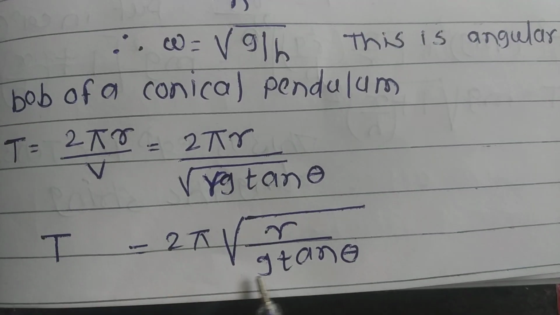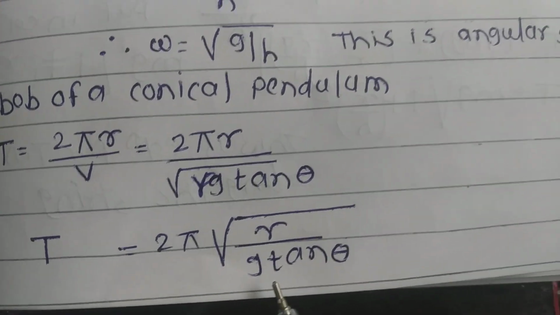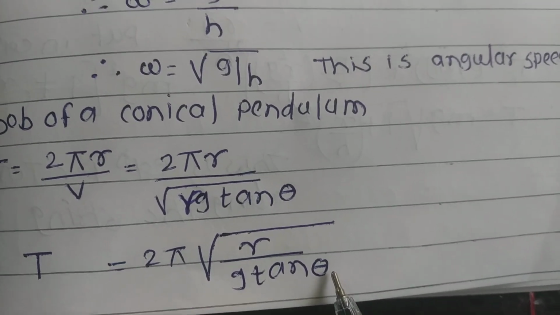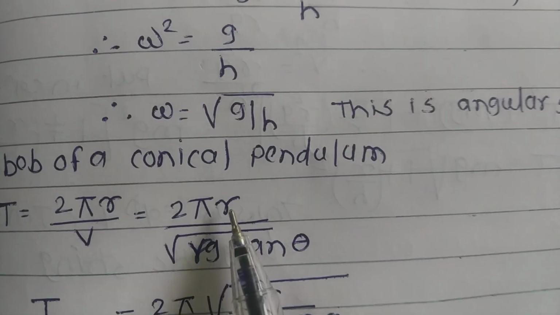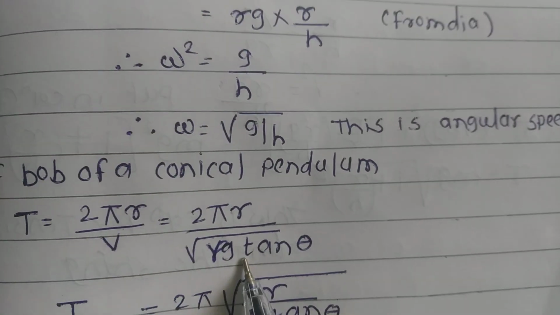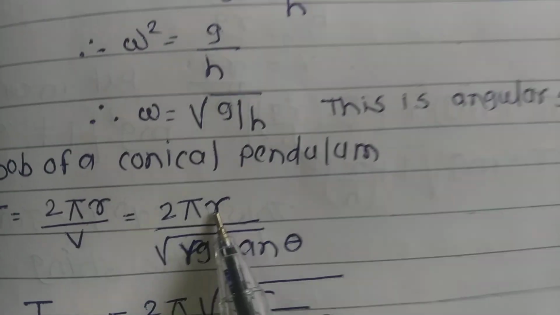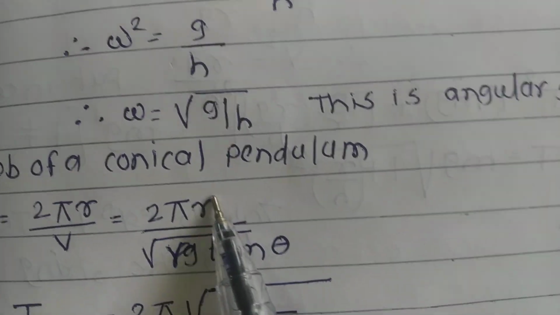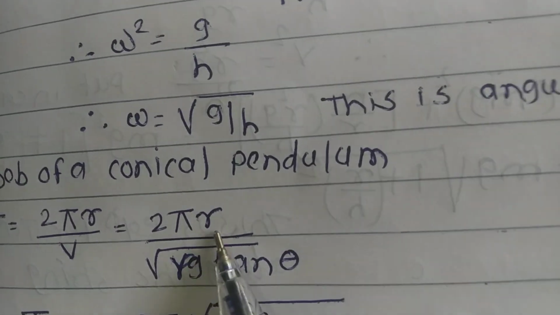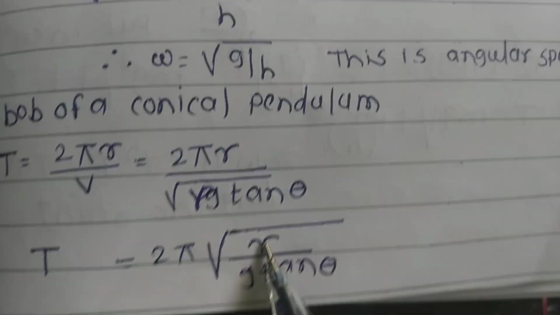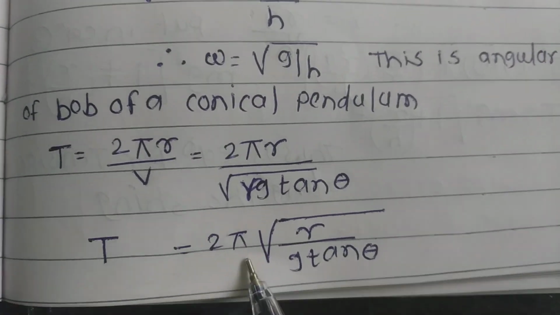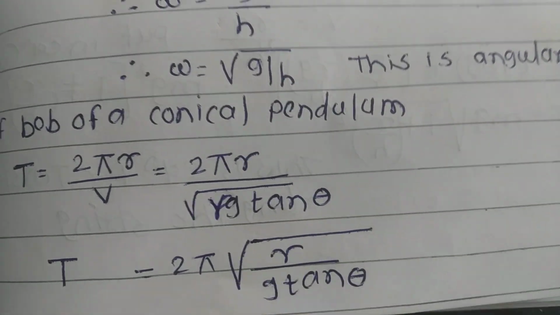T is equal to 2 pi under root r divided by g tan theta. Here we are taking that r inside the under root. When it comes inside the sign, it becomes square. So this r and that r cancel, and a single r will be left. So T is equal to 2 pi under root r upon g tan theta.